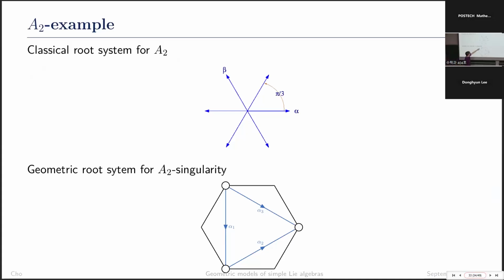So we have seen the classical root system for the A2 singularity, SL3, which has these 6 vectors. For the geometric root system of the A2 singularity, I told you that the A2 Milnor fiber is this hexagon with opposite sides identified, with a puncture. This is a punctured torus.